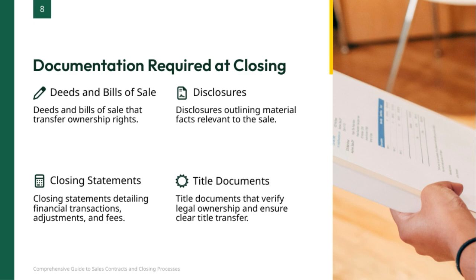Proper title documentation is essential to confirm that the buyer is receiving a valid and marketable title. All of these pieces of documentation are key components of the overall sales contract and closing process. They work together to make sure the transaction is legally sound, transparent, and properly recorded.